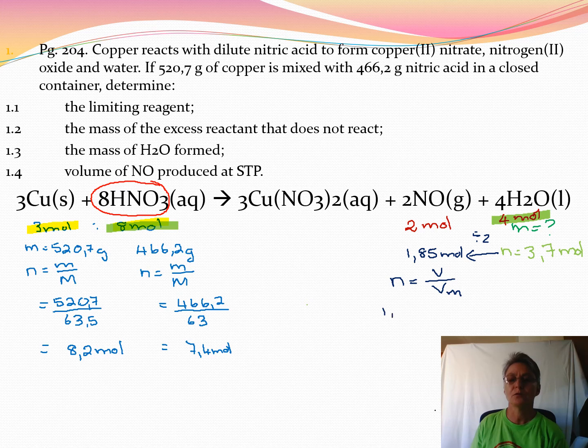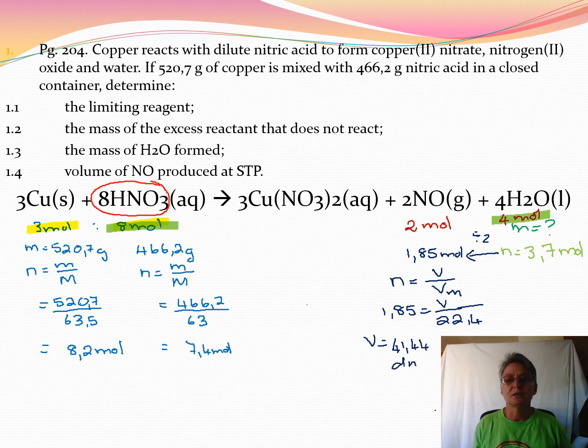So it's 1.85 equals V over 22.4. We can use this because it's at STP. So the volume is 1.85 times 22.4, which gives us a volume of 41.44 cubic decimeters.